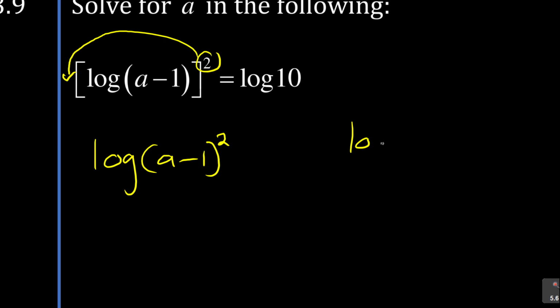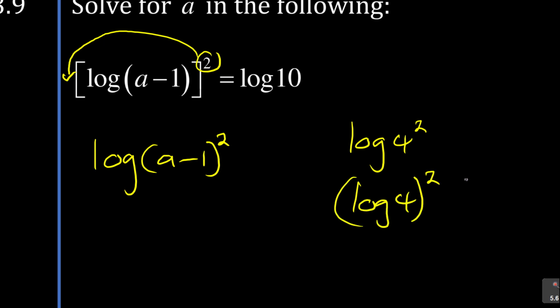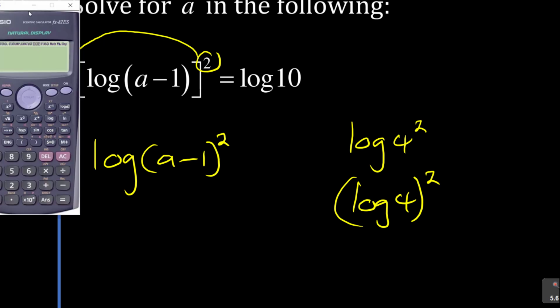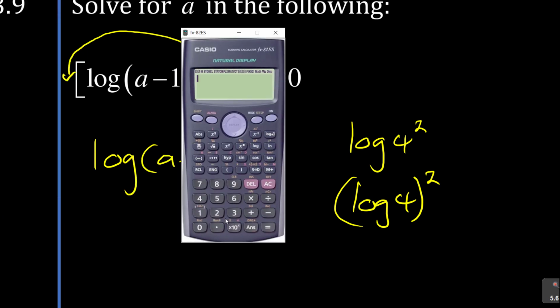I can prove to you. If I give you this, say log base 4 to the power of 2, and log base 4, I do this to the power of 2. Let's use a calculator and see if we get the same answer. Let's start with the first one. Just use log 4, right? Now the squared, I put it inside, and because the calculator opened, I close that.